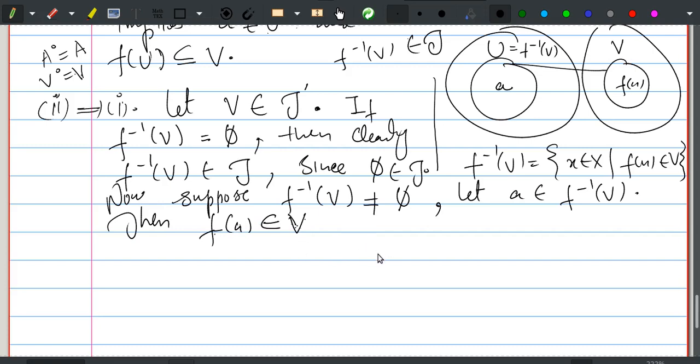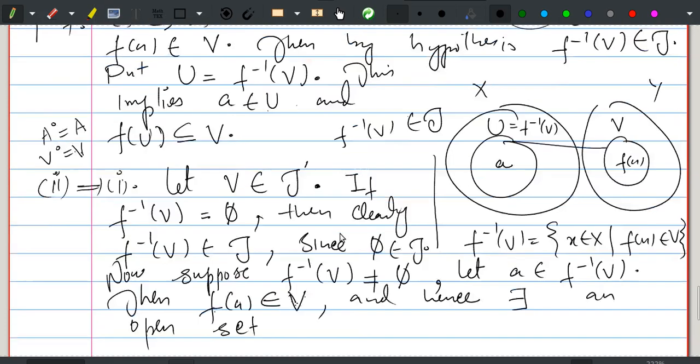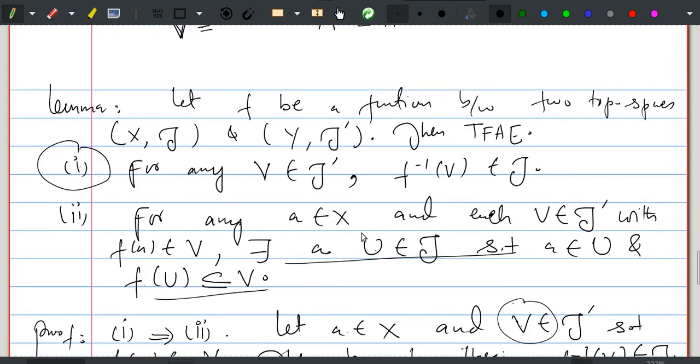And hence there exists an open set, or we are going to use our hypothesis here. So what is our hypothesis here? So we have to assume second, and we have to prove first.